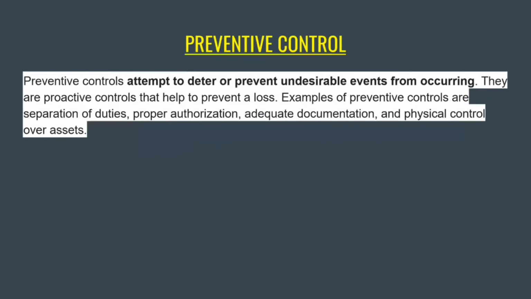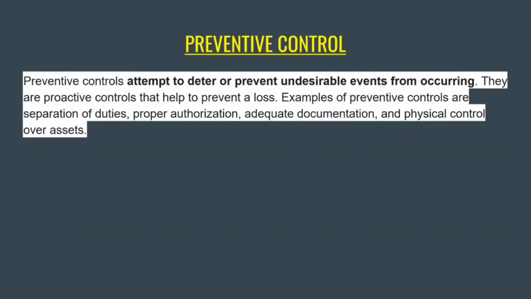And in the first case, we will talk about preventive control. Preventive controls attempt to deter or prevent undesirable events from occurring. They are proactive controls that help to prevent a loss. Examples of preventive control are separation of duties, proper authorization, adequate documentation, and physical control of assets.